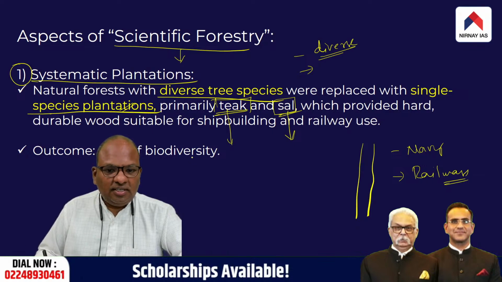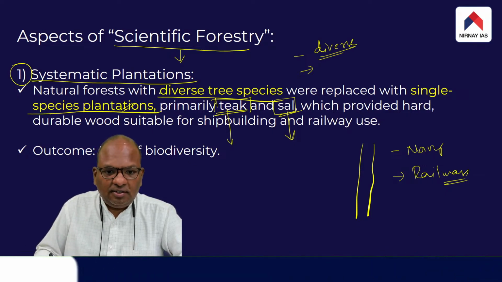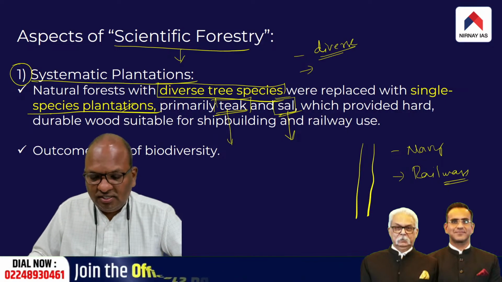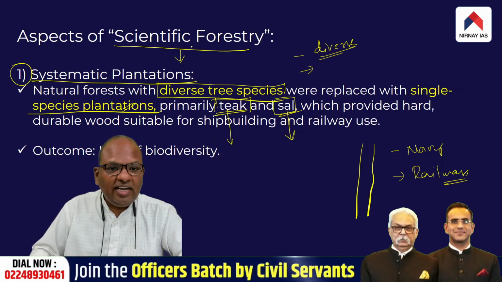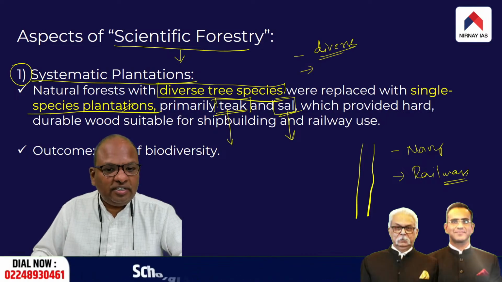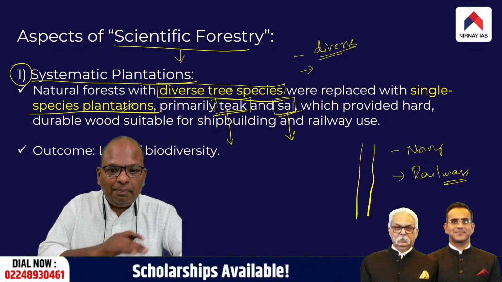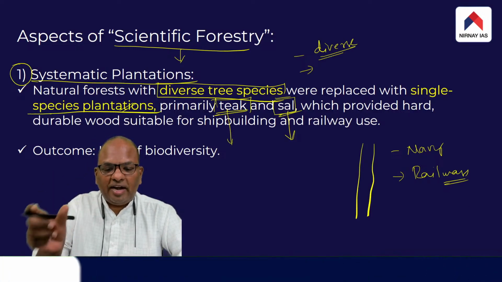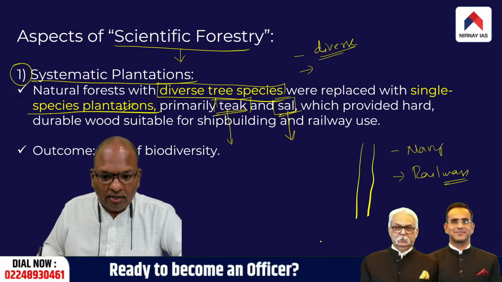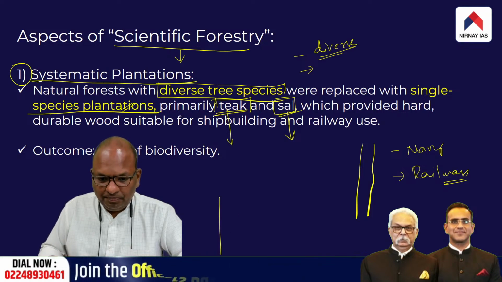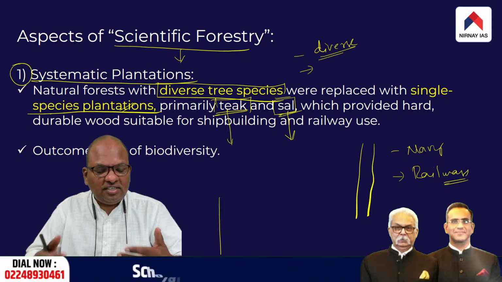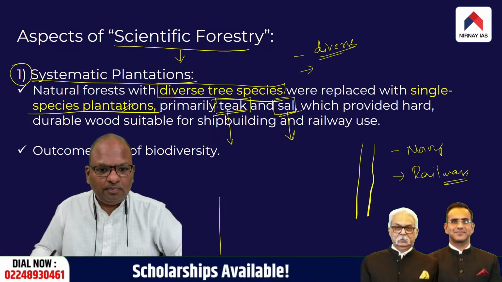So the forests in India are known for great diversity in their plant species. But in the name of scientific forestry, the British began replacing these diverse tree species with single species plantations, which were planted in rows.